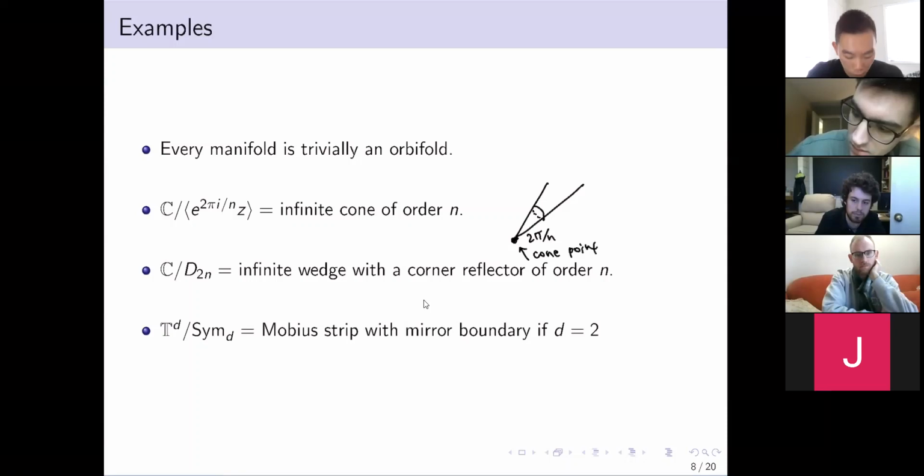Now if we have the dihedral group acting on the complex plane, recall that the way the dihedral group acts on the complex plane is basically by reflections. Let's say n is 3, so we have reflection lines like that. Reflect, reflect, reflect.